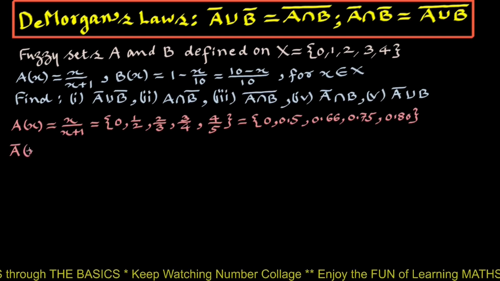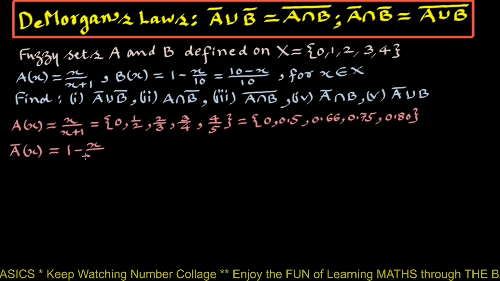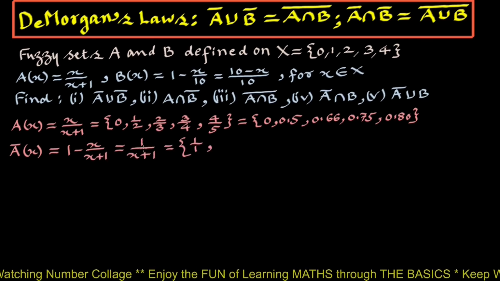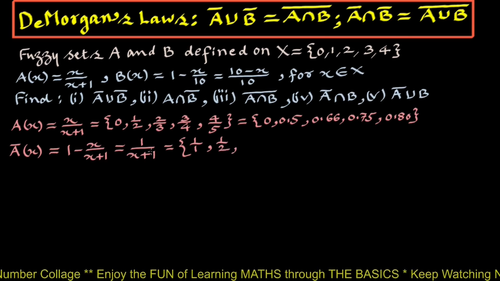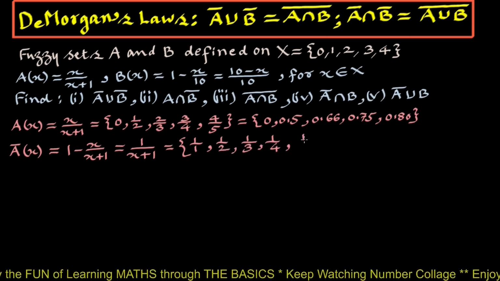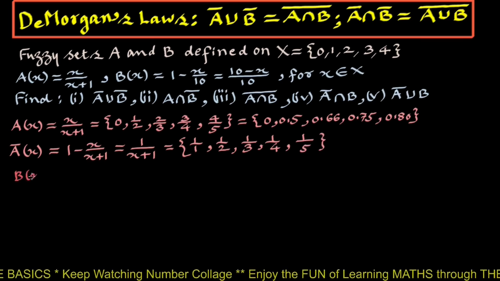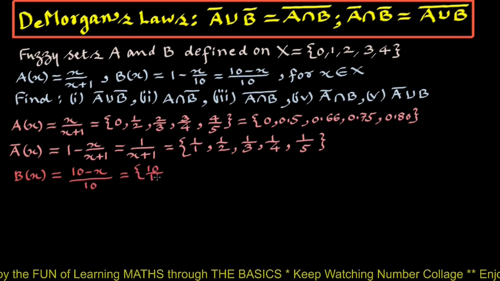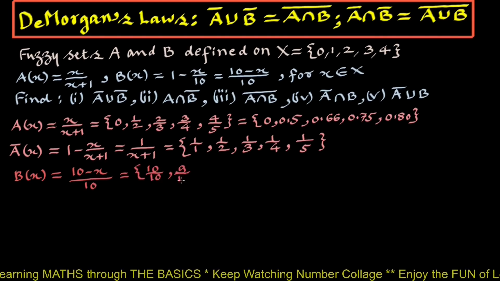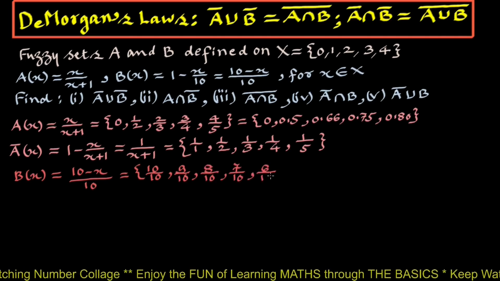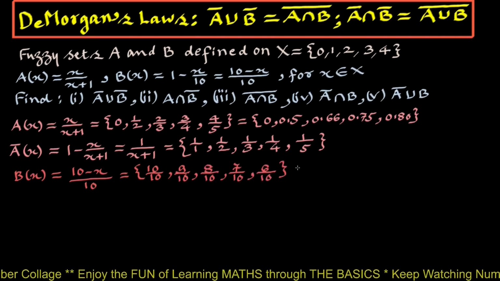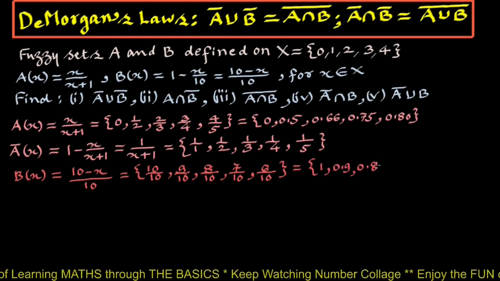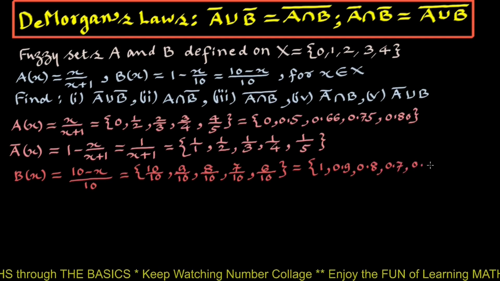A bar of x is 1 minus x upon x plus 1, 1 upon x plus 1, which will be 1 upon 1 plus 1, 1 upon 2, 1 upon etc. and 1 upon 5. B of x is 10 minus x upon 10, which will be 10 upon 10, 10 minus 1, 9 upon 10, etc. and 6 upon 10. For comparison purposes, we write them in decimal form: 1, 0.9, 0.8, 0.7, 0.6.